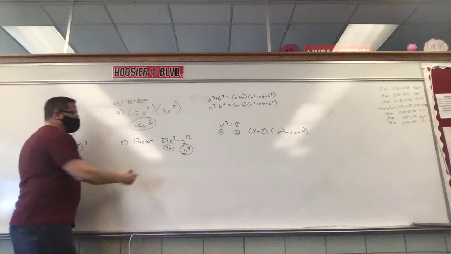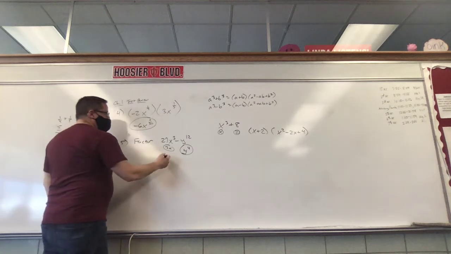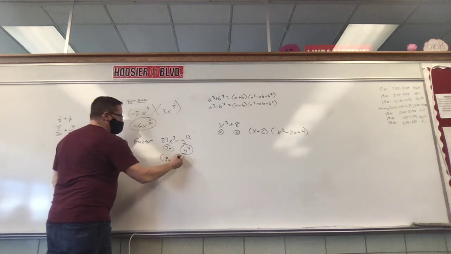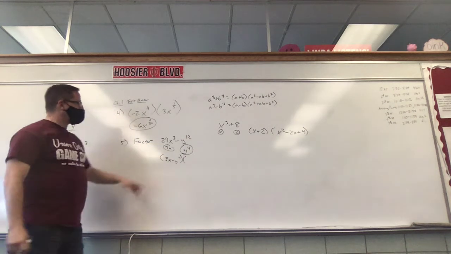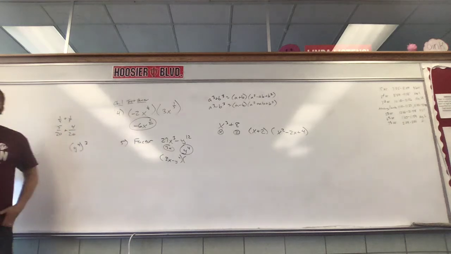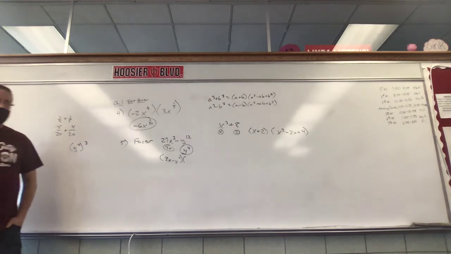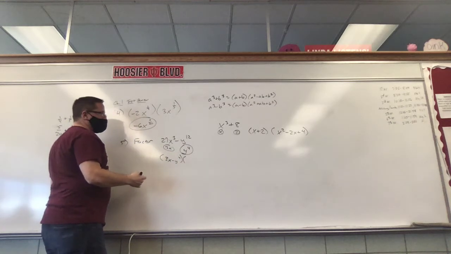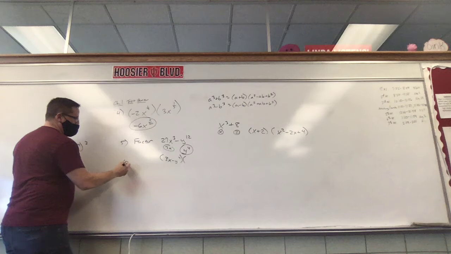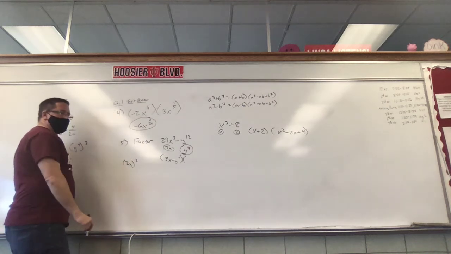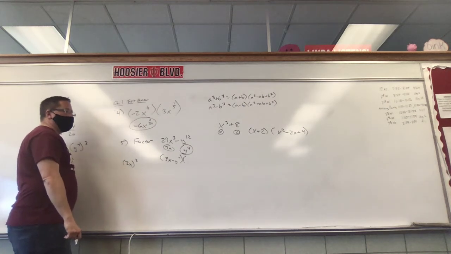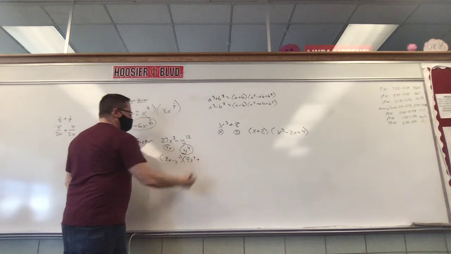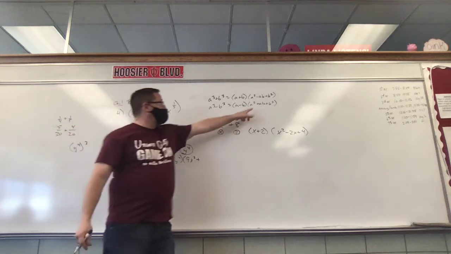So A minus B is what? 3x minus y to the 4th. A squared: square all of 3x. What's 3x times itself? We're taking 3x and squaring the whole thing. Careful, it's 9x squared. Plus, why is it plus? Because the formula is plus.